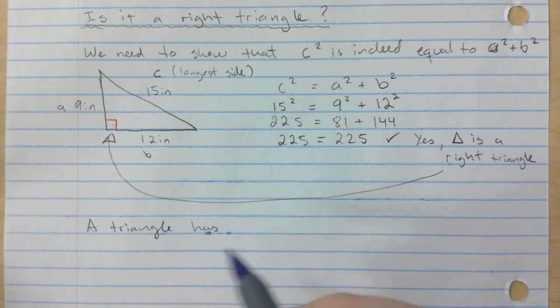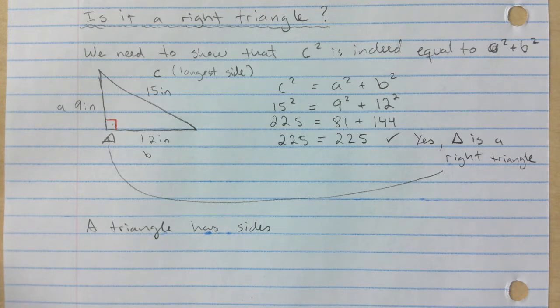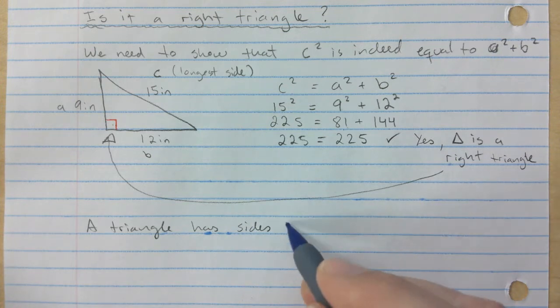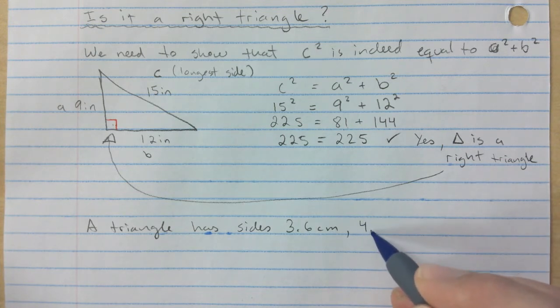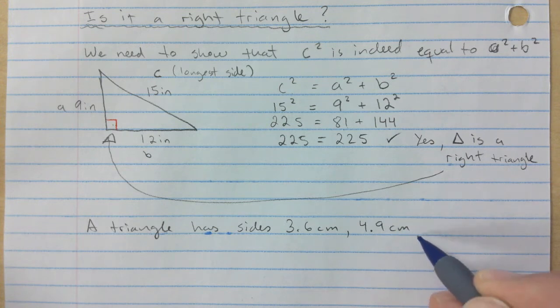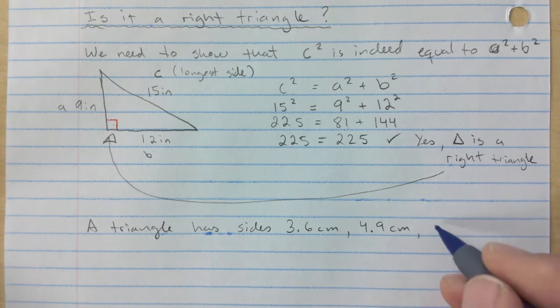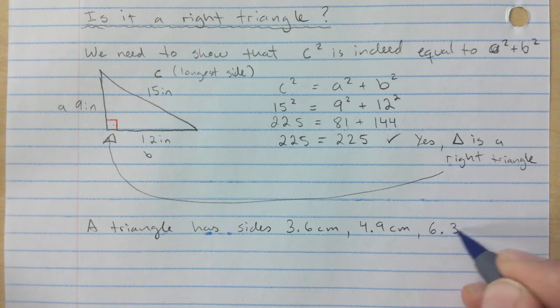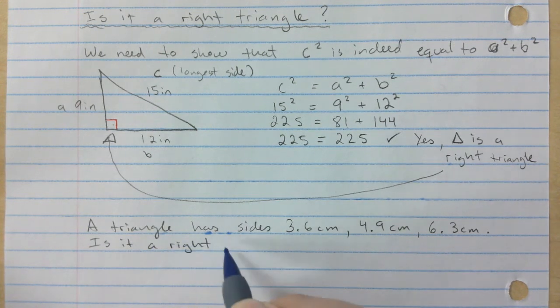Triangle has sides 3.6 centimeters, 4.9 centimeters, and 6.3 centimeters. Is it a right triangle?